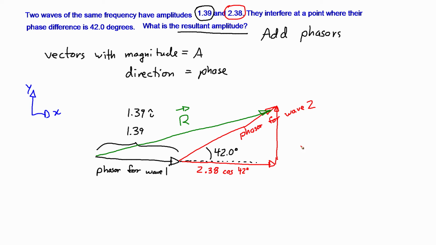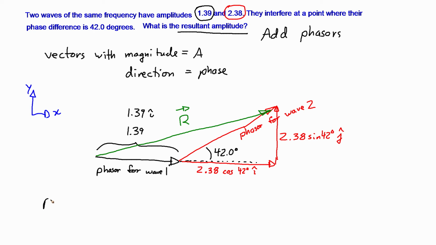The vertical part is 2.38 times sine of 42 degrees. Then I just add these up. The bottom part is going to be I hat, and the vertical part would be j hat, to get the resultant amplitude.